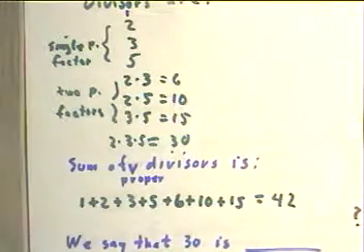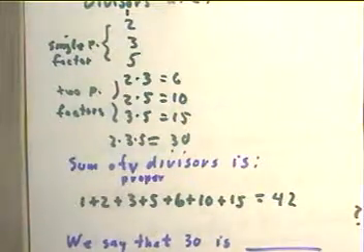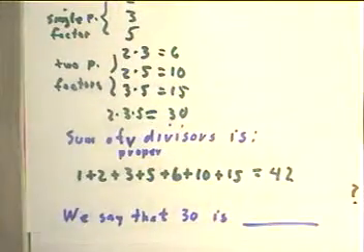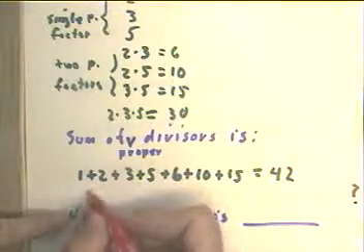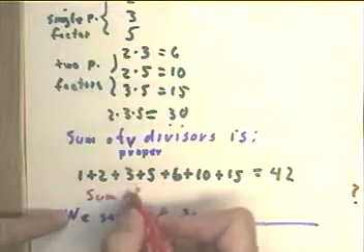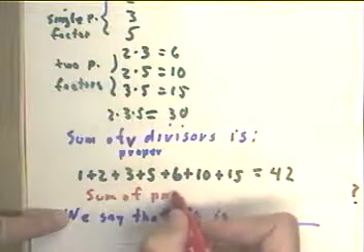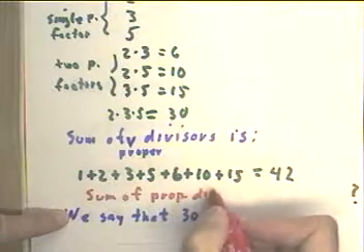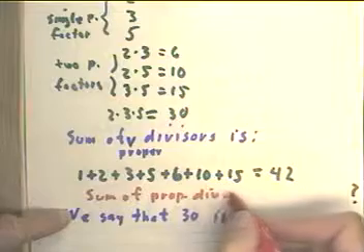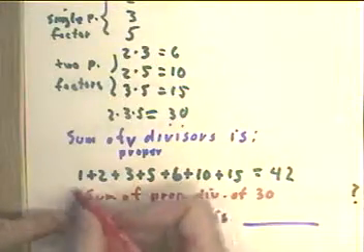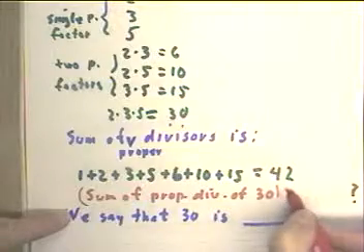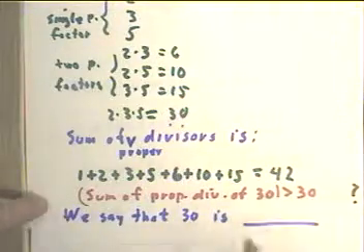Okay? Now, we observe that the sum of the proper divisors of 30 is bigger than 30 itself.